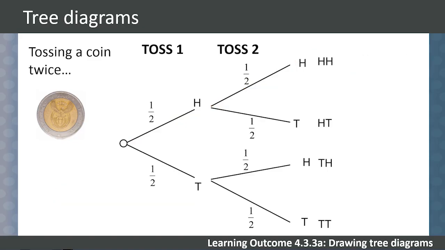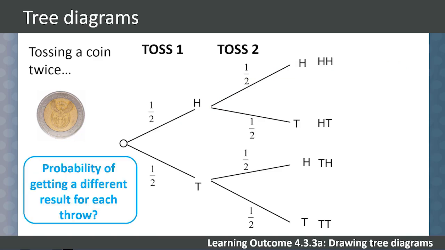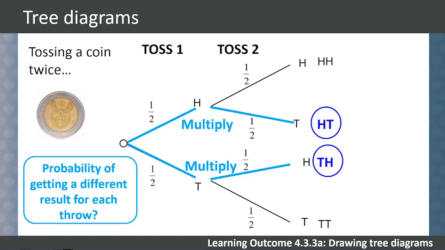Now, perhaps we want to know what the probability is of getting a different result for each throw. In other words, we are interested in HT or TH. So we are now looking at two branches on our tree diagram as shown here. Again, we multiply the probabilities along the branches. Each branch has a probability of a quarter.